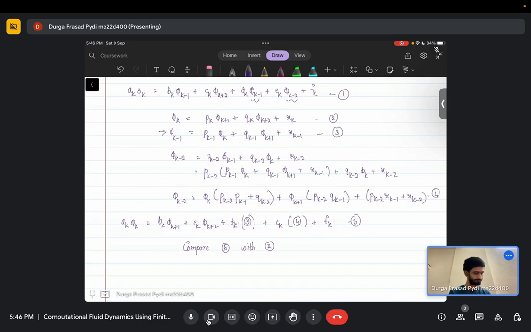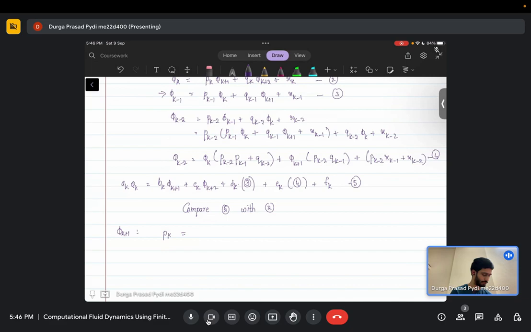First we will take the coefficient for phi k plus 1. The phi k plus 1 coefficient is essentially pk, that equals, in equation number 5, 1 over ak. We will just take the numerator first.